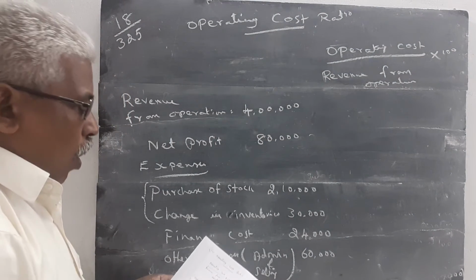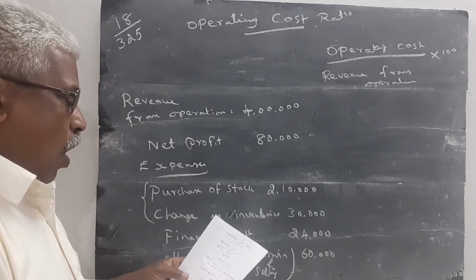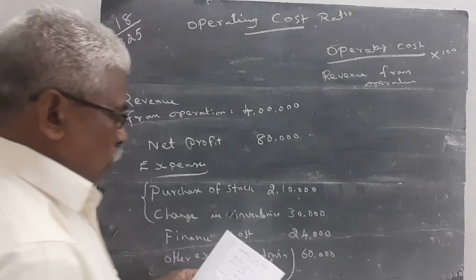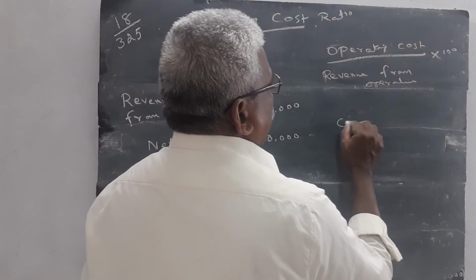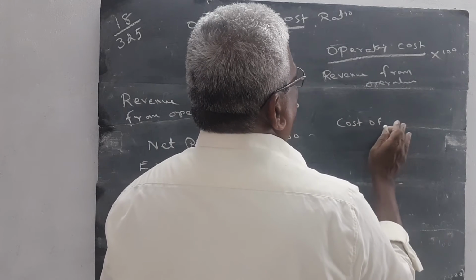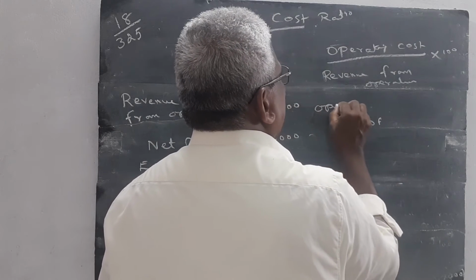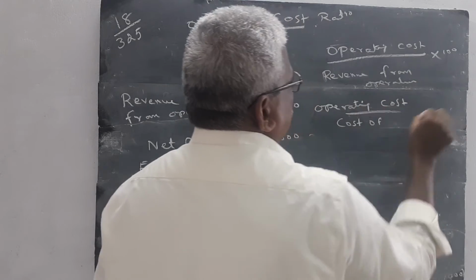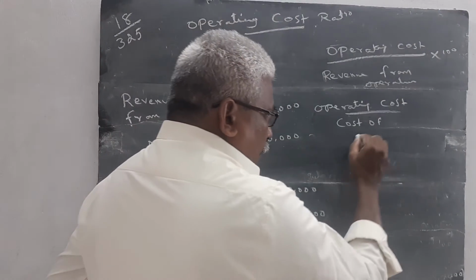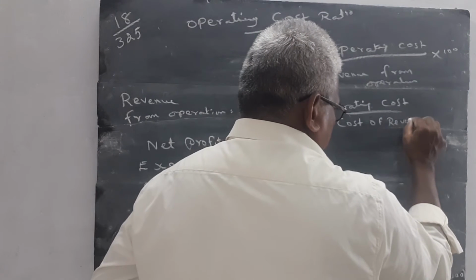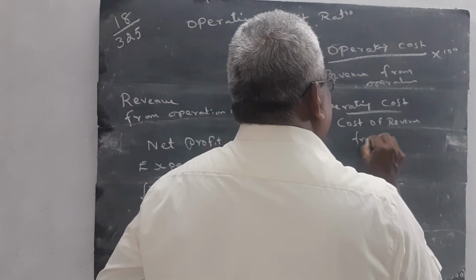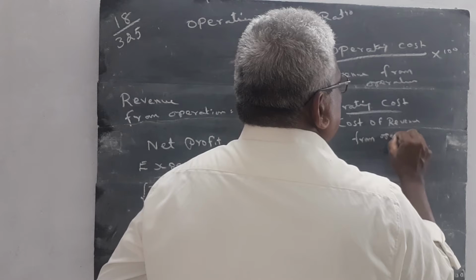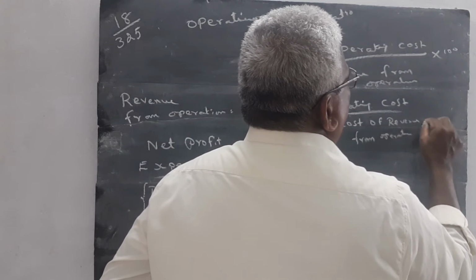Now we calculate operating cost. First we calculate operating cost. Operating cost is equal to cost of revenue from operation plus operating expenses.